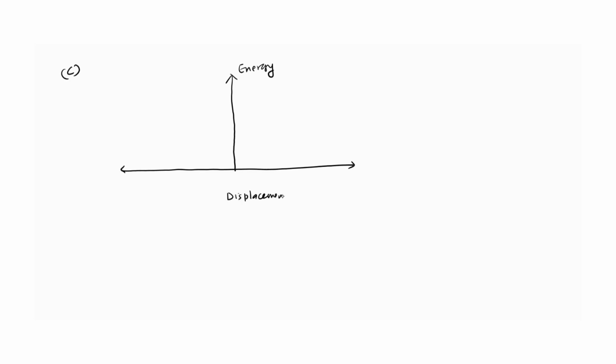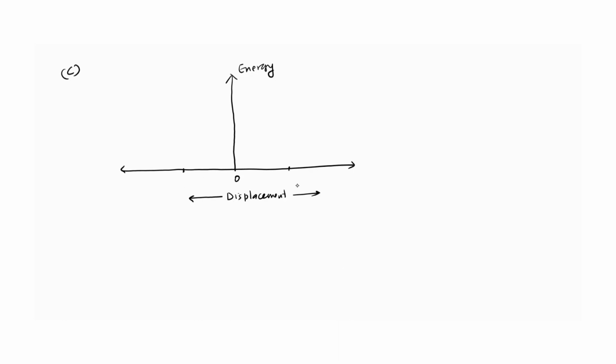So let me draw over here. So this is energy, clear? And we have displacement along the horizontal axis. Now what we find, let's say this is the extreme position.